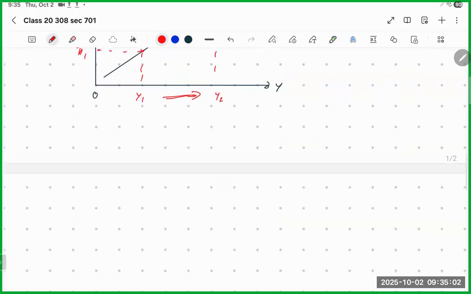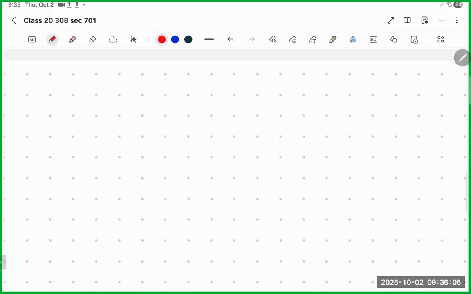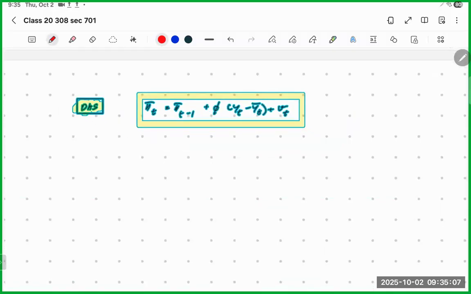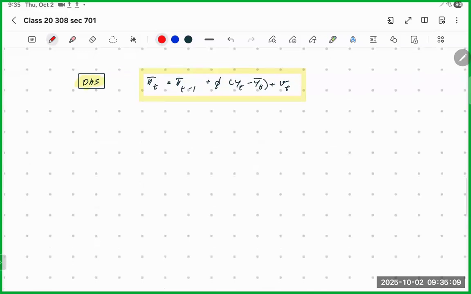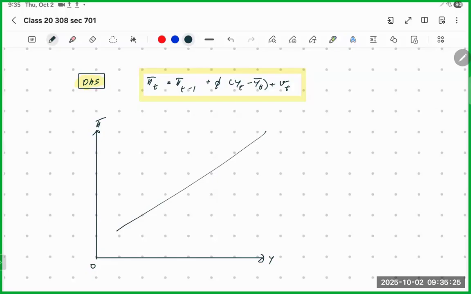Next, I copy the equation and paste it here. Next, we're going to see the factors that can shift the dynamic aggregate supply. We have y on the horizontal axis, pi on the vertical axis, and the dynamic aggregate supply, DAS1, let's say.